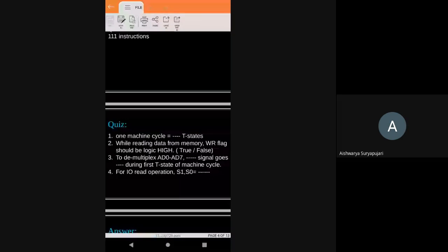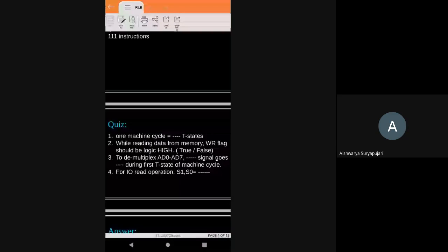The next, third: for demultiplexing, that is, to separate the address lines and data lines, which signal is being used, and in which state is it used?